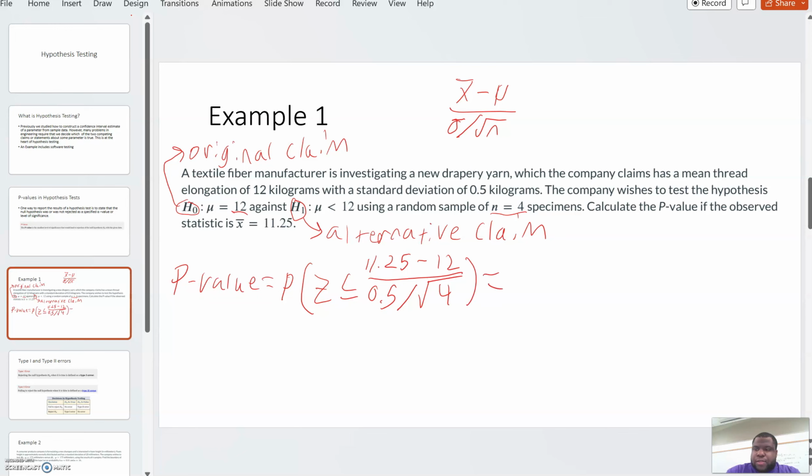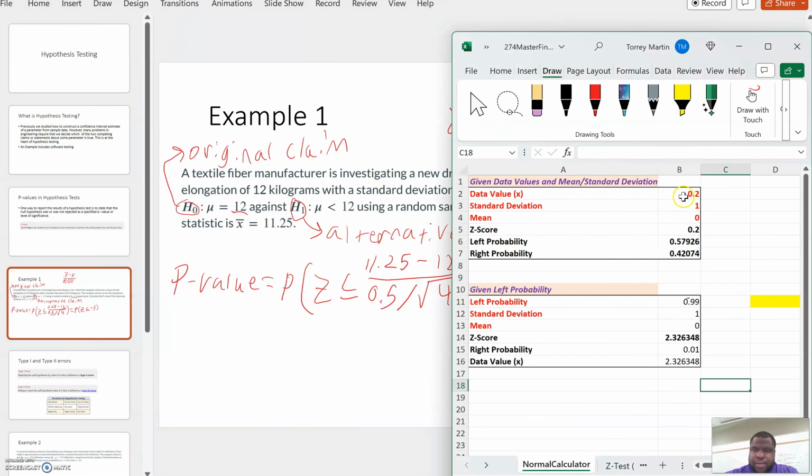All right, in doing so, we're going to get P of Z is less than or equal to, now if we do all this good stuff here, we are going to get a -3. Now, if I go to my sheet here, and I plug in my data value, which we got is -3, we will see that it is going to be this one right here.